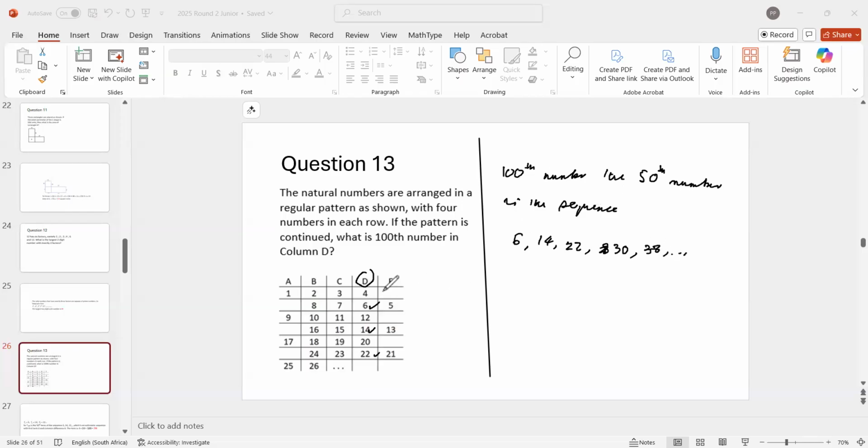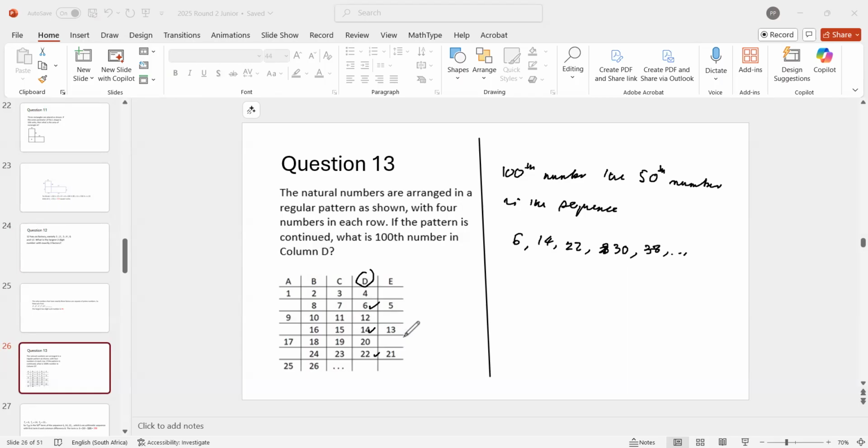Why 50th? Because you can see the first row, the second row has got 60, the fourth row has got 14, and the sixth row has got 22.